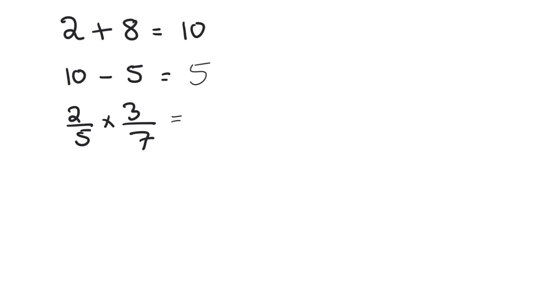We already know how to multiply two fractions. Multiply the numerators, multiply the denominators. 6 over 35. Is this a rational number? Yes. So, the product of two rational numbers is a rational number, isn't it?